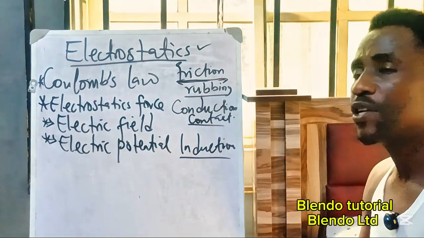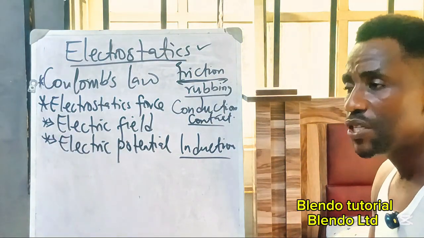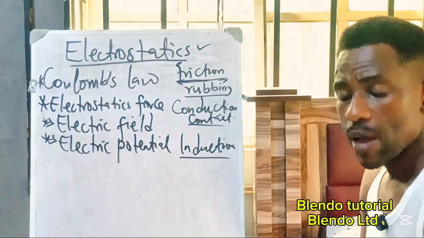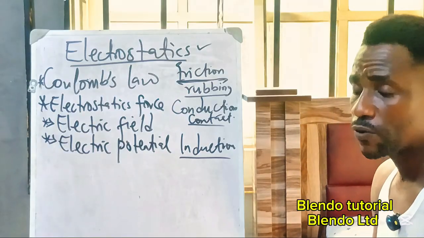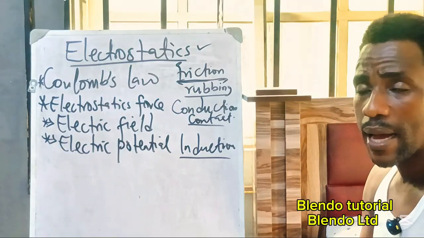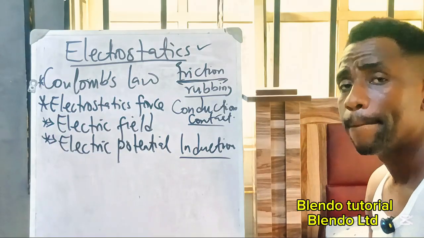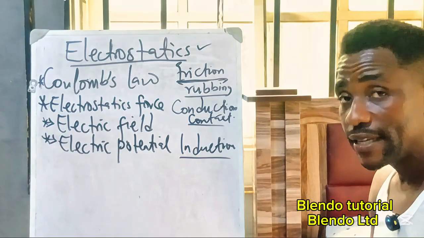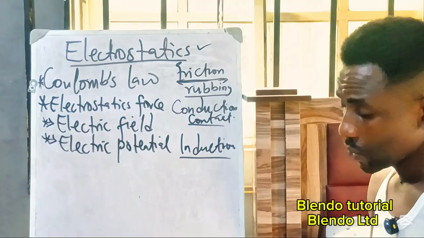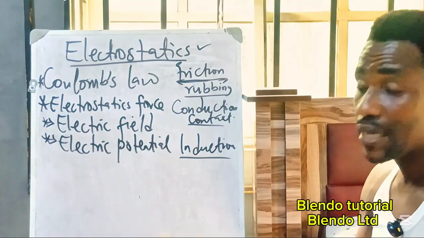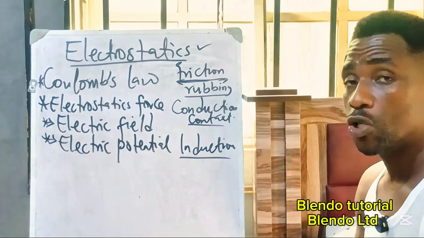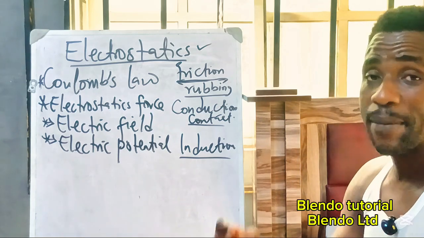In friction, the bodies that will be charged are rubbed over one another, whereby electrons move from one atom to the other. The atom that gains electrons becomes negatively charged, and the material that loses electrons becomes positively charged.